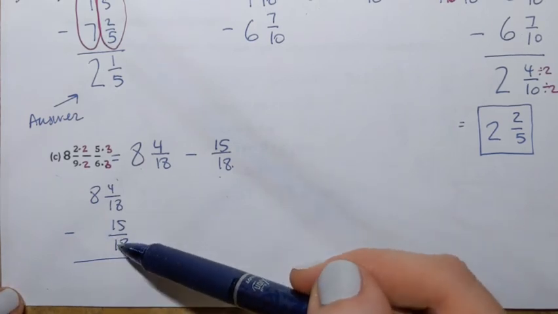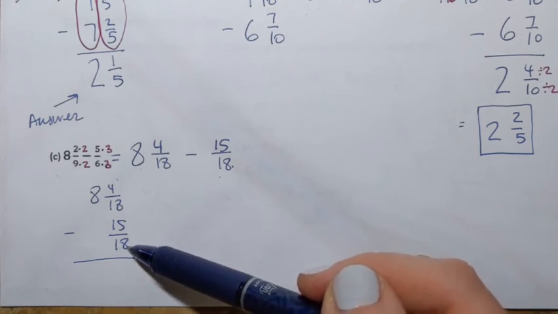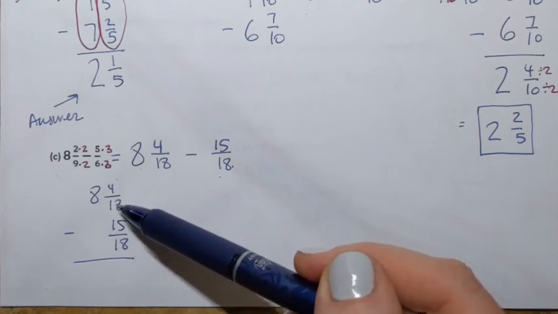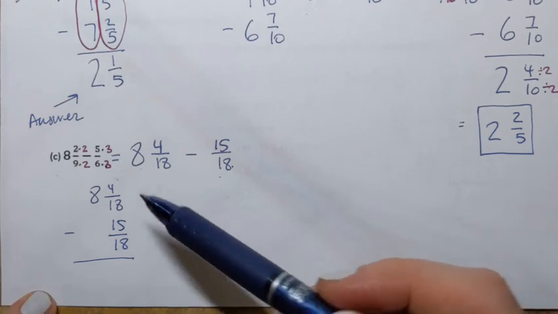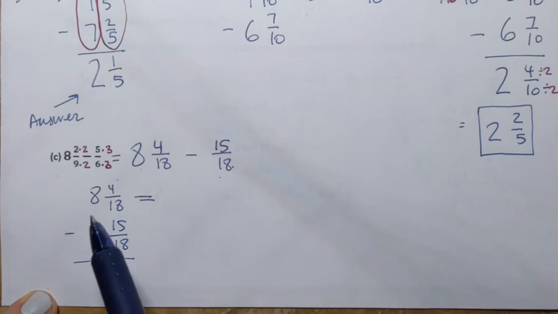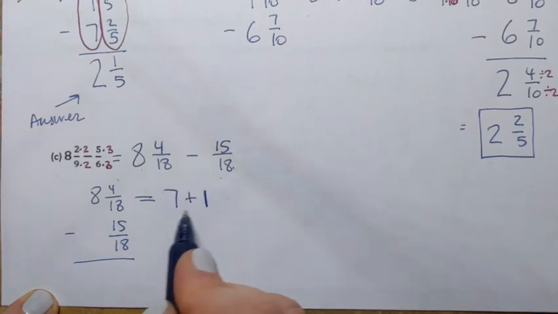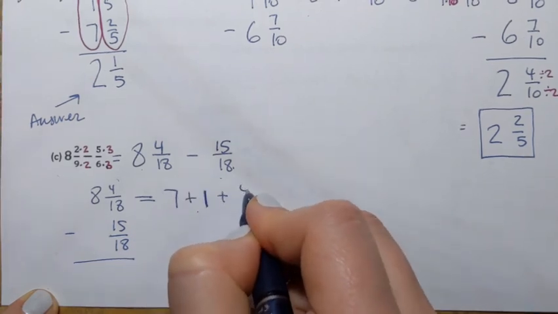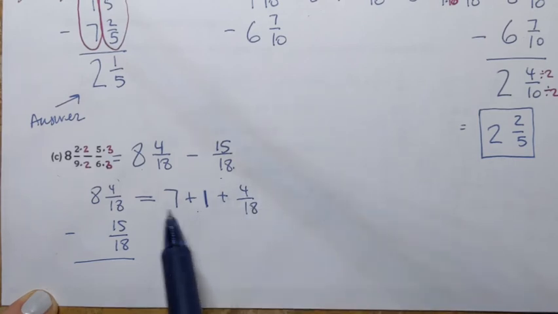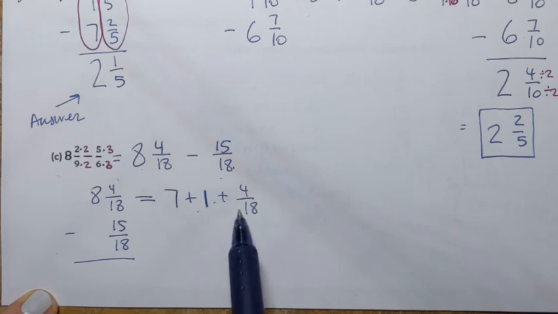Next, I need to try to subtract fractions, but as I can see here, I don't have enough to subtract 15 over 18, right? I don't have this fraction big enough. So I have to increase it by doing the same that we did in the previous example. By separating 1 from 8, so that becomes 7 plus 1. Here's that 1 that I separated. And then plus 4 over 18. And now I want to add that 1 to the fraction.